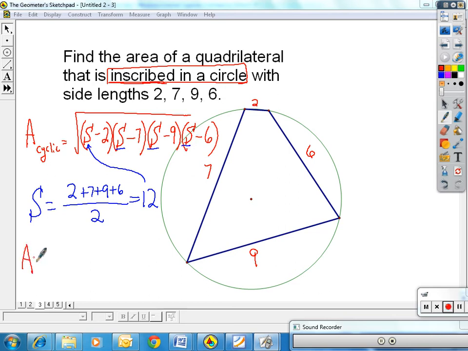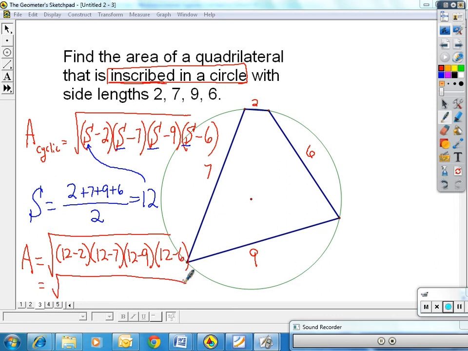So the area equals the square root of 12 minus 2 multiplied with 12 minus 7 and 12 minus 9 times 12 minus 6. That is the square root of 10 multiplied with 12 minus 7, or 5, multiplied with 12 minus 9, or 3, multiplied with 12 minus 6, or 6.